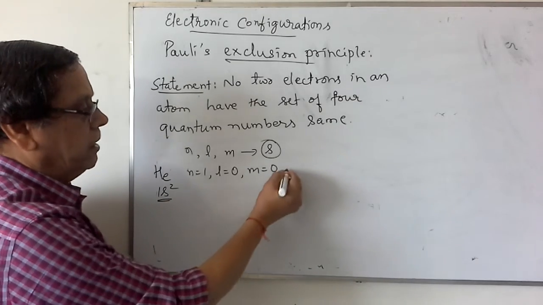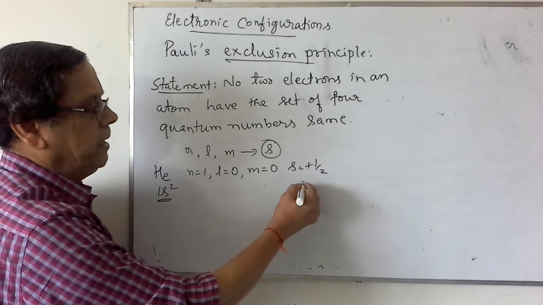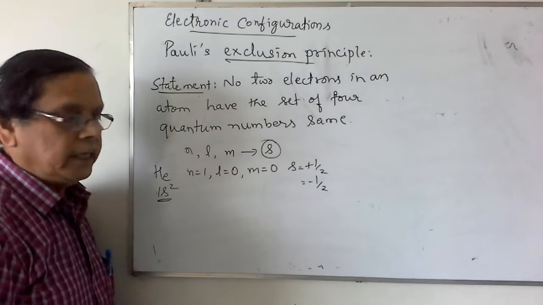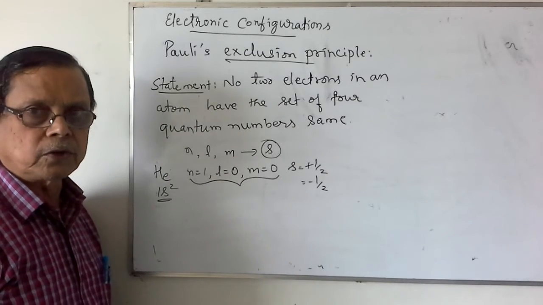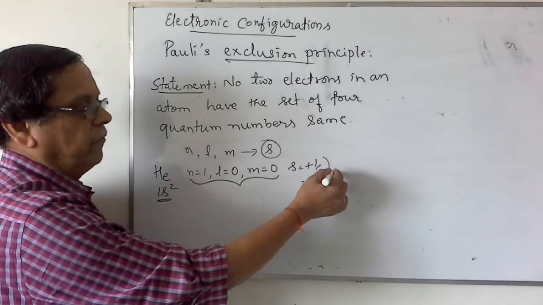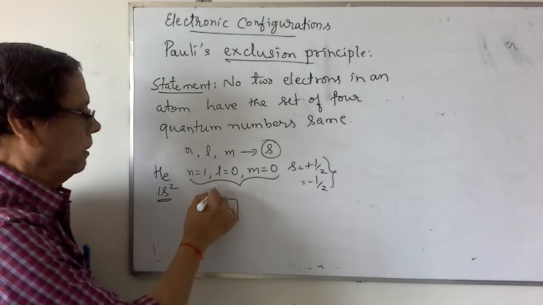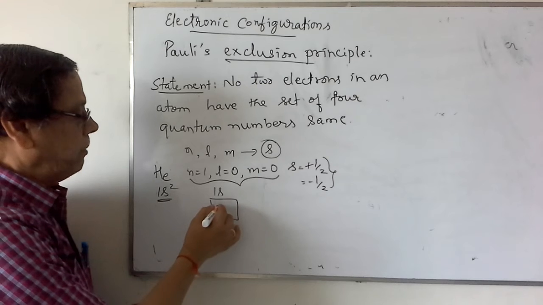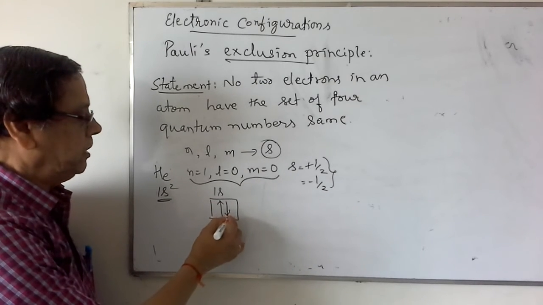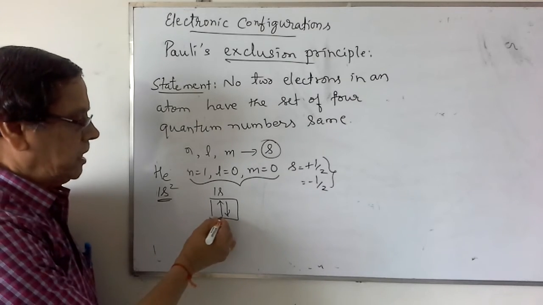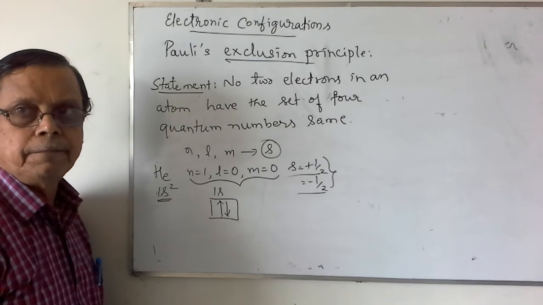For the first electron, s is equal to plus half, and for the second electron, it is minus half. That means if 3 quantum numbers are same for 2 electrons, there should be at least difference in the spin quantum number. Suppose I write this as 1s orbital. If I write one electron with the upward arrow mark, the other electron should be indicated with lower arrow mark. Means first electron is having plus half spin, second electron is having minus half spin.